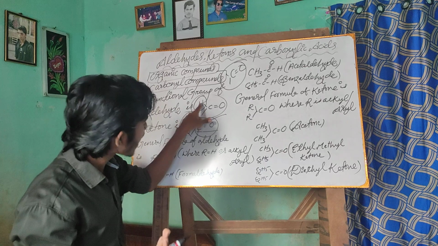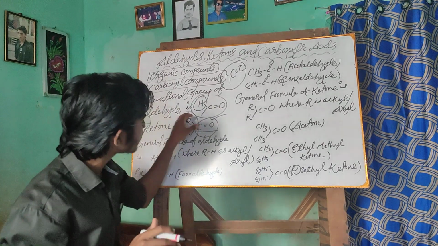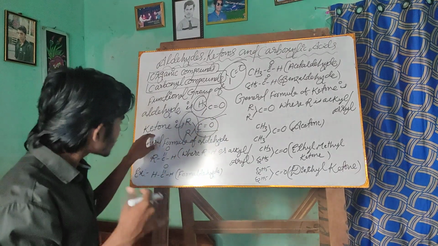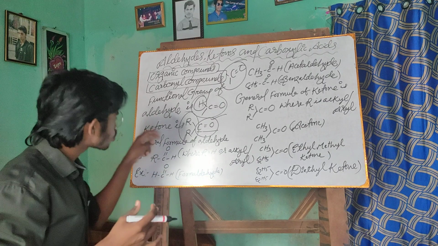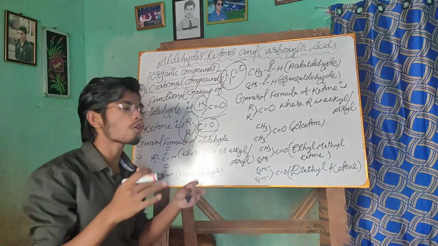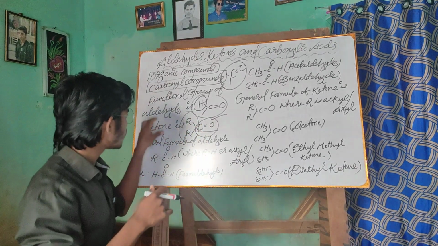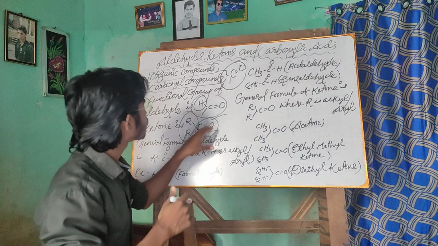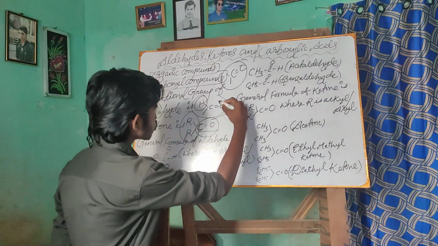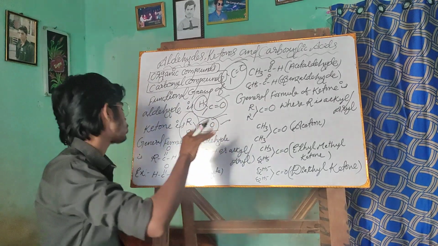That's why the functional group of aldehyde is HC=O. Similarly, in the case of ketone, the two alkyl or aryl groups are attached to the carbon atom of the carbonyl group. That's why the functional group of ketone is RRC=O. So this is the functional group of aldehyde, and this is the functional group of ketone.